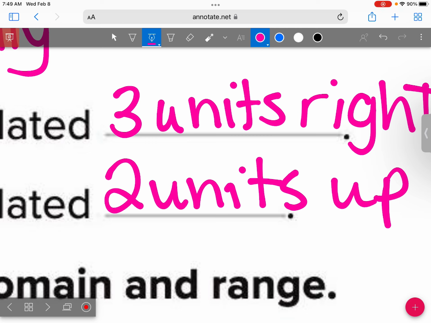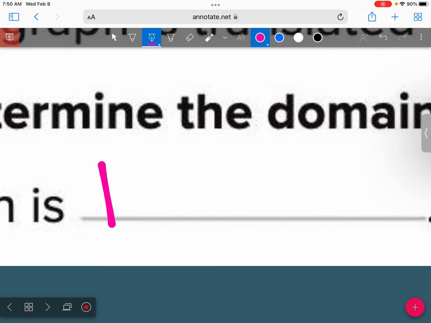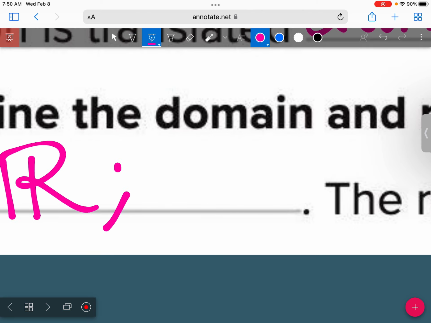As it goes towards positive infinity for x, does it keep going? Yes. If we go towards negative infinity for x, does it keep going? So what does that mean? All real numbers for our domain. So put the big R, or you can put negative infinity to infinity.